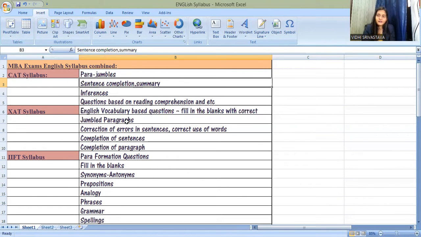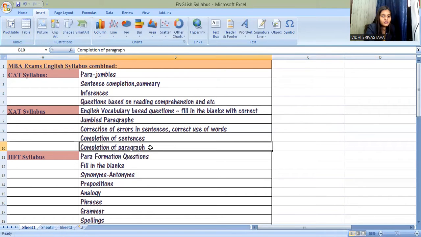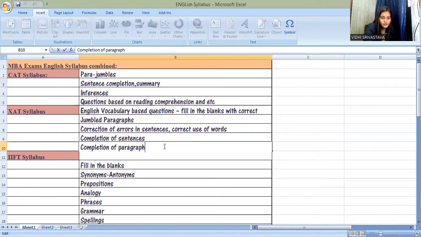But in paragraph completion you have to complete the whole para, and sometimes you have to conclude also. I think this section, completion of para, is also there in CAT, so I will add that in CAT as well.